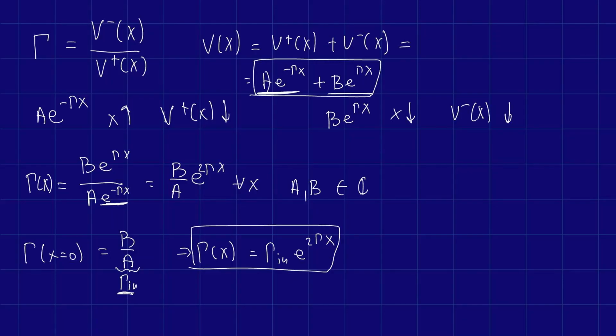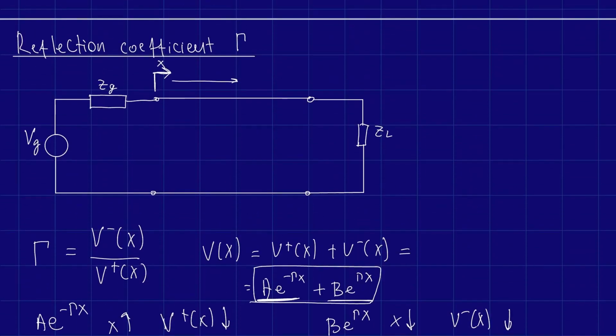But sometimes it's much easier to reason not with x, so not from the beginning of the transmission line, but from the end of the transmission line, and we will call this x prime. The reason being is because, for example, sometimes it's difficult to measure things at the generator, and it's easier to measure them at the load.